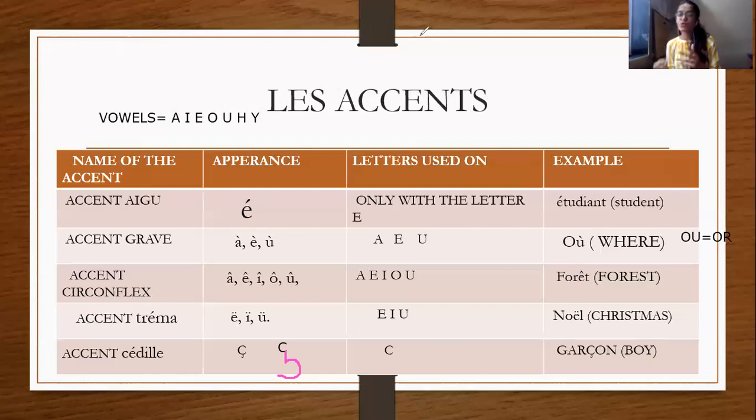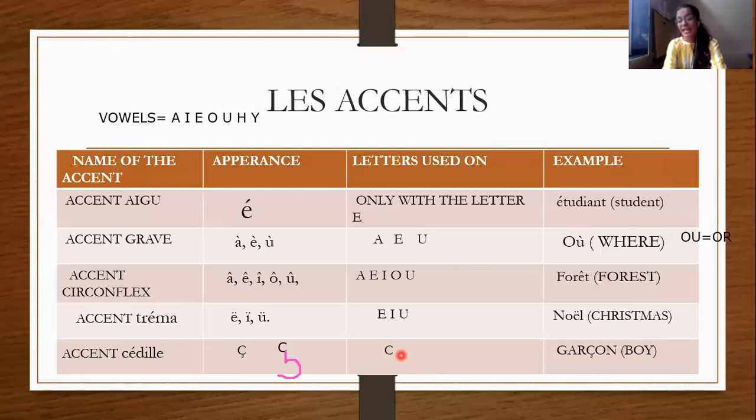Now, let's switch a bit to English. Let's take words starting with the letter C, for example cake, or let's take cat. In cake and cat, what is the sound of the letter C? The sound of the letter C is K, or ka, basically.